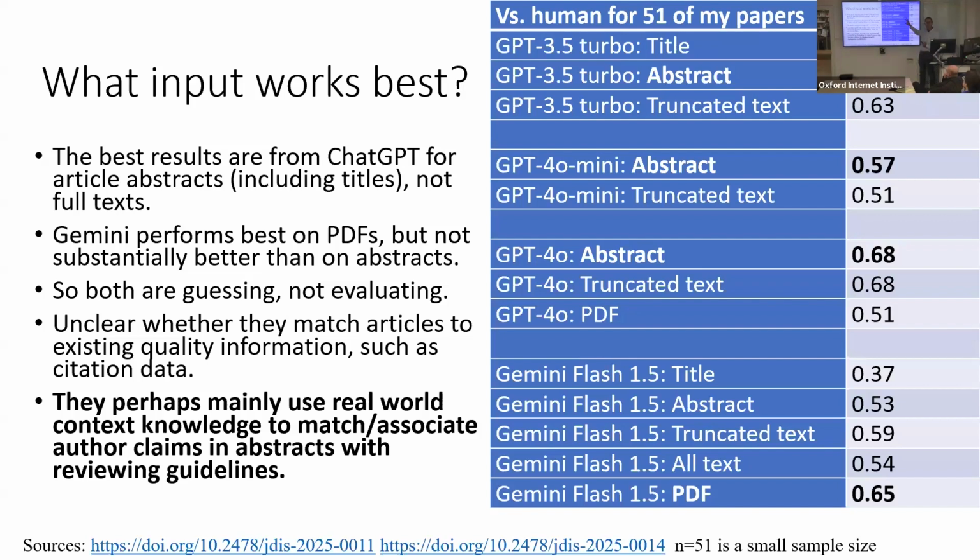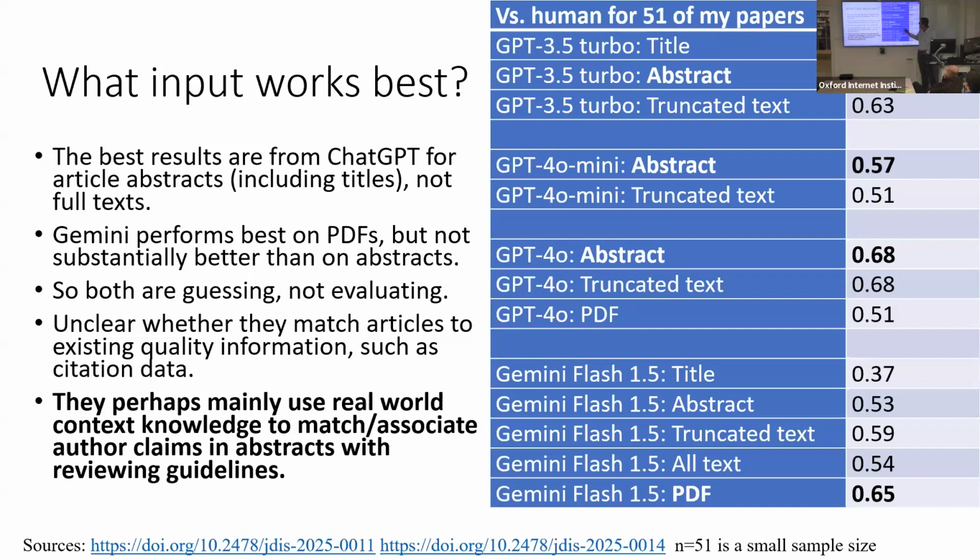So every query costs money in ChatGPT, so I could save money by just pointing to the URL or pointing to the title. So I tried entering just the title or just the abstract, or the text without the references and the figures, and with 3.5 turbo, 4.0 mini, the full version of 4.0, which I also tried with the PDF, and then with Gemini Flash as well, same.